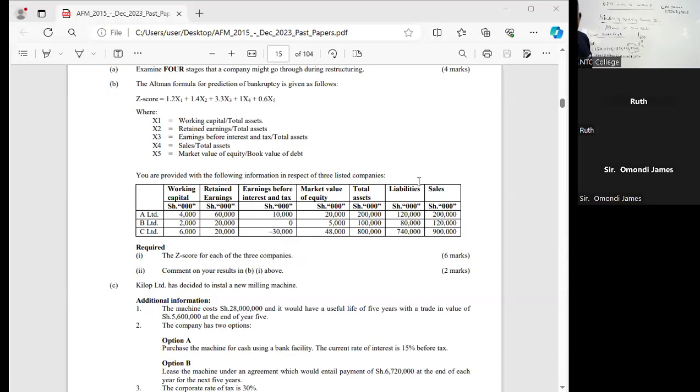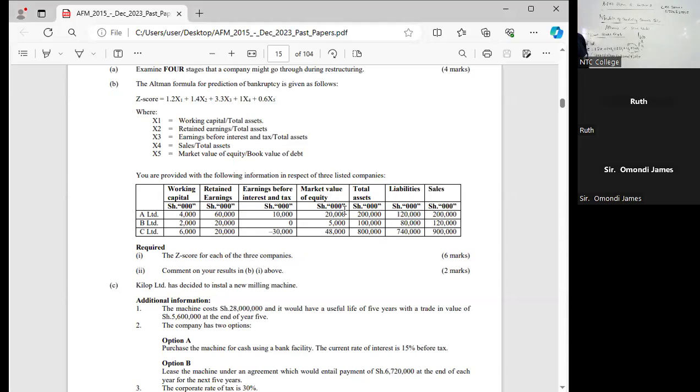Plus the last one is the market value of equity over the book value of debt. We are given the market value of equity, which is the market value of ordinary shares. So it is 20 divided by debt. Are we given the book value of debt? The book value of debt is now the liability. So we have liability here, which is the debt.